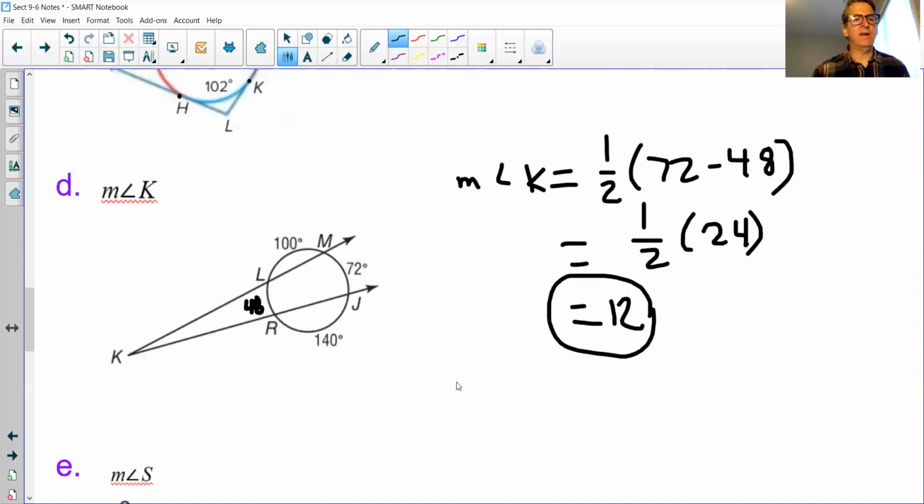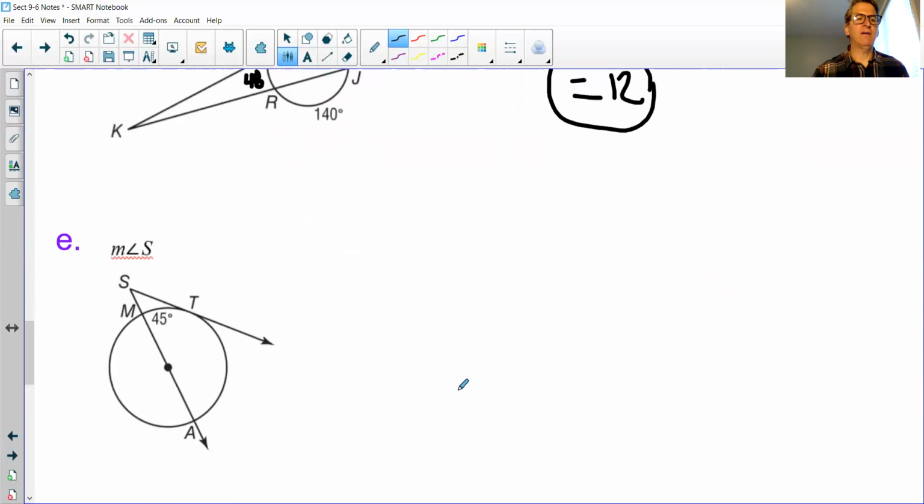All right, letter E, measure of angle S. Okay, so we have this arc as 45, okay? And it appears that this is a diameter. It goes through the center, all right? So if this is 45, we can subtract from 180 now to find this arc.